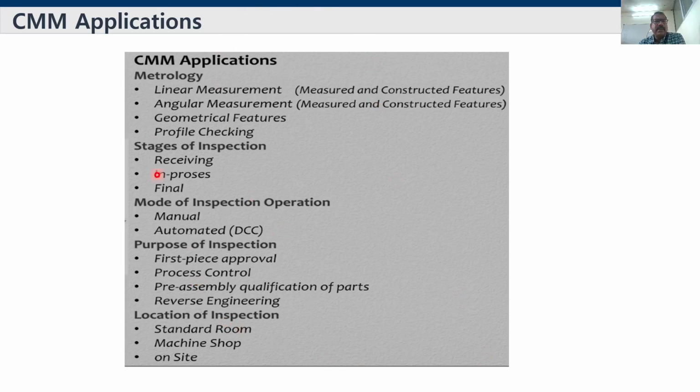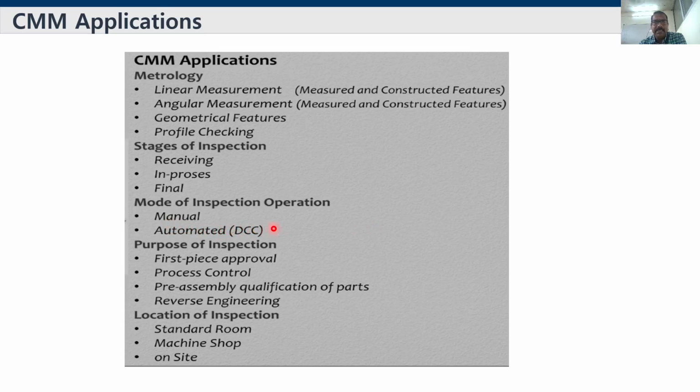Then other applications: metrology is useful for linear measurement, angular measurement, geometrical feature, and profile checking. Linear measurement means measured and constructed features, and angular also measured and constructed features, geometrical features, profile checking. For that, CMM process application and inspection can be in-process or final. You can do multiple inspections, with mode of inspection either manual or automated.